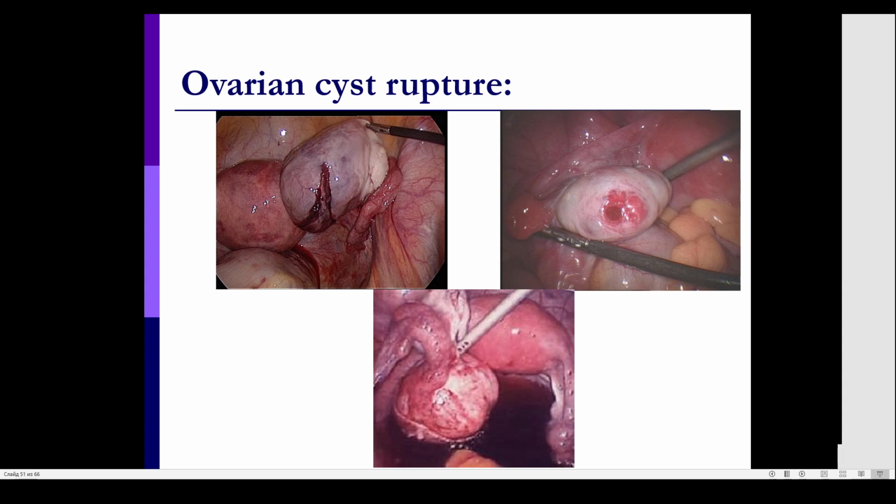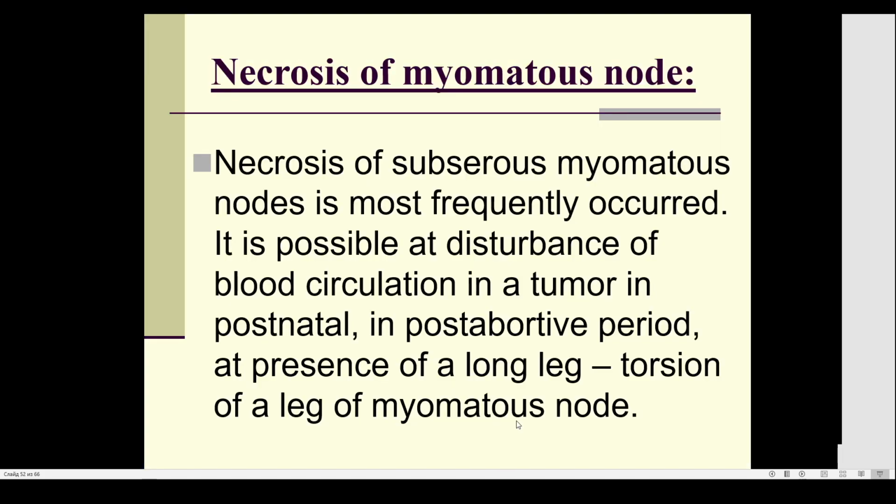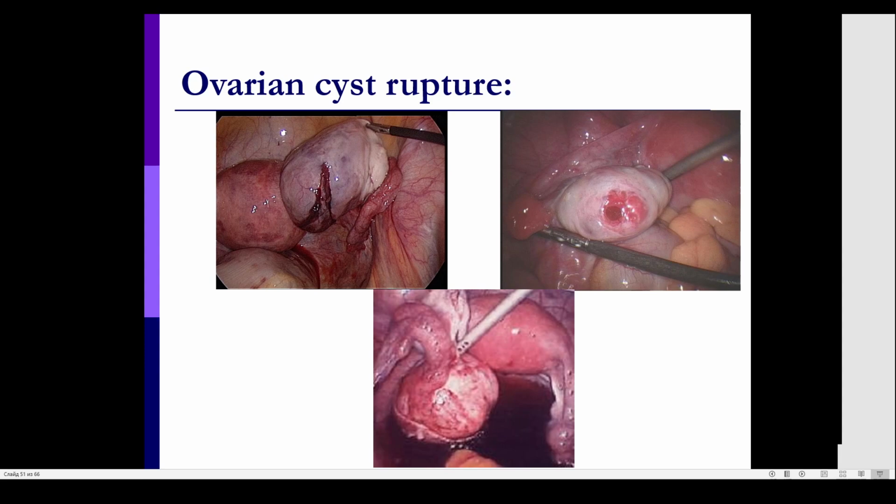Another pathology which we include in the topic of urgent gynecology is ovarian cyst rupture. You can see it in these pictures, and in this picture you can see fluid in the abdominal cavity. What I want to say about ovarian cyst rupture: of course, it is not a rare situation.